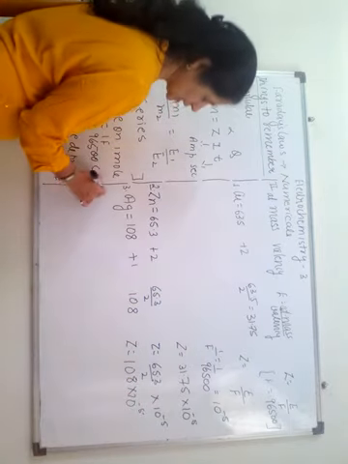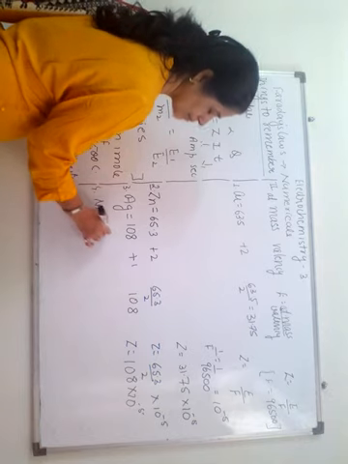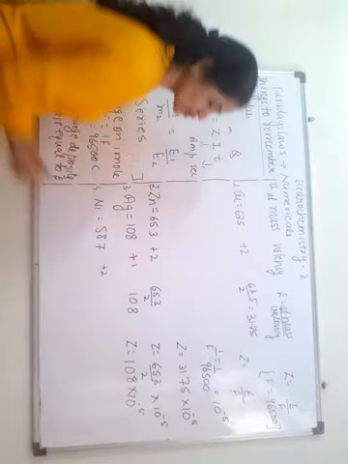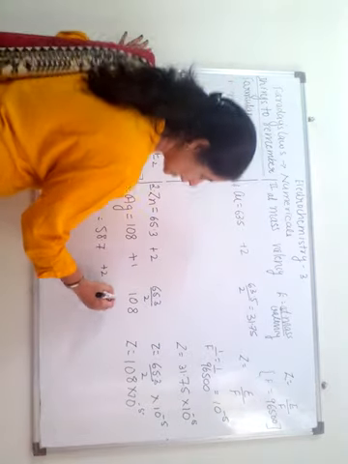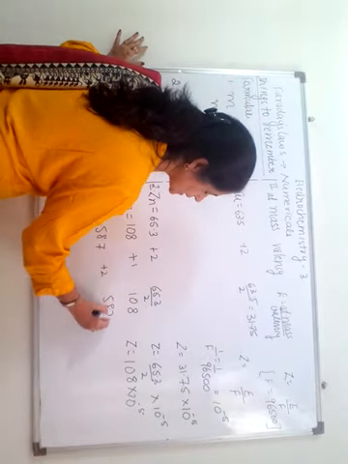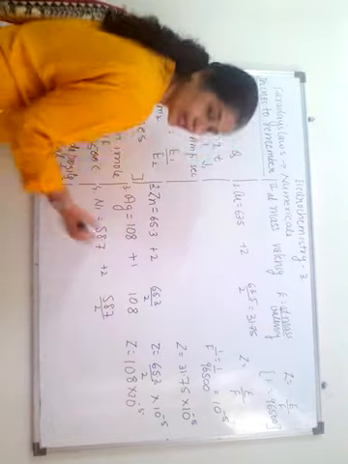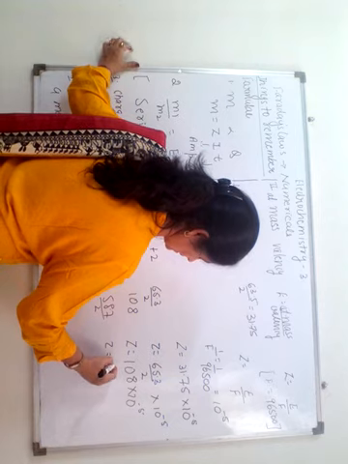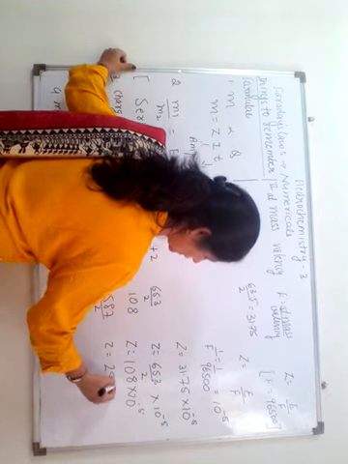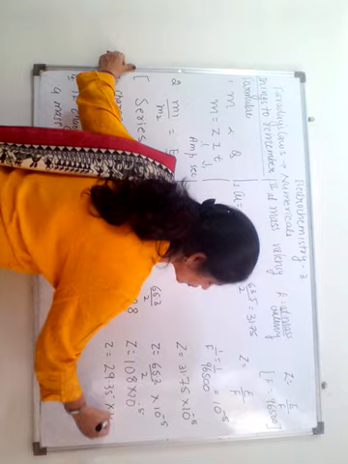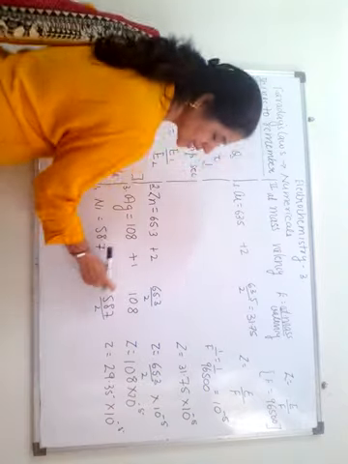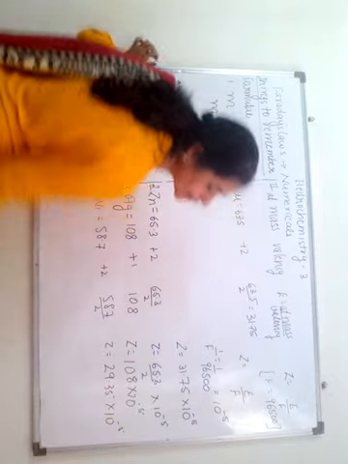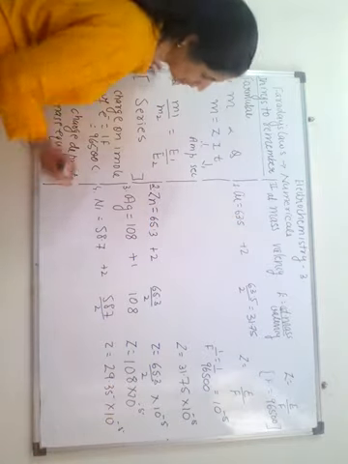Then I may be given nickel. Mass is 58.7 and valency is +2. Therefore, E is 58.7 upon 2 and Z calculated comes out to be 29.35 into 10 to the power minus 5.